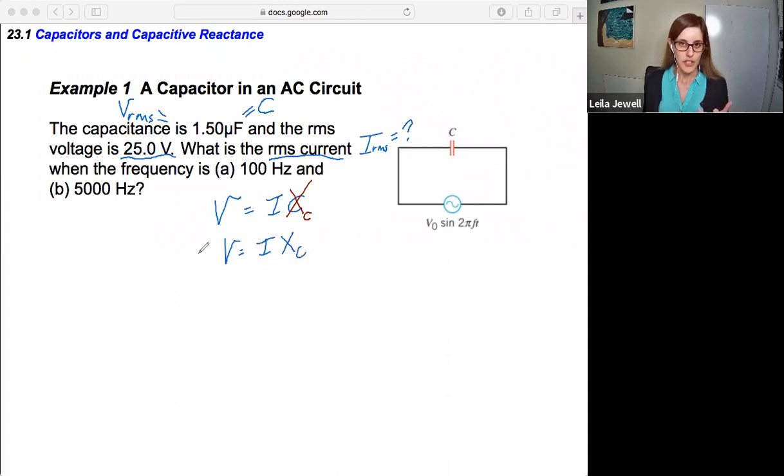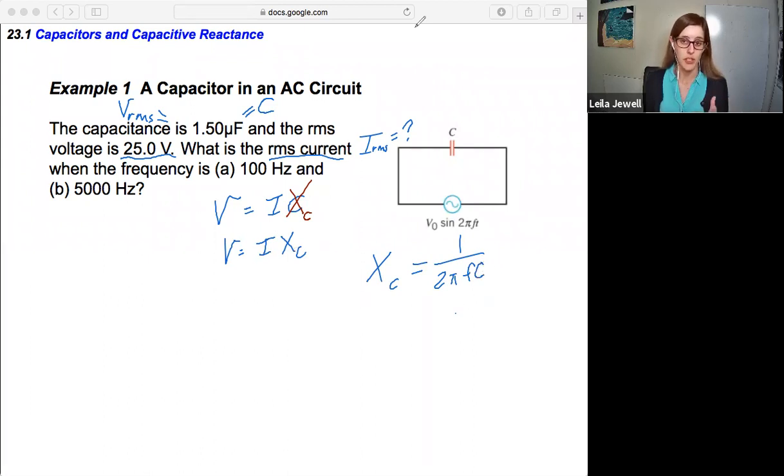We know our V, we want to find I, so if we can just get this capacitive reactance, we'll be good to go. And we have an equation for capacitive reactance, right? Capacitive reactance is equal to 1 divided by 2 pi, divided by the frequency, and divided by the capacitance, which we already identified.